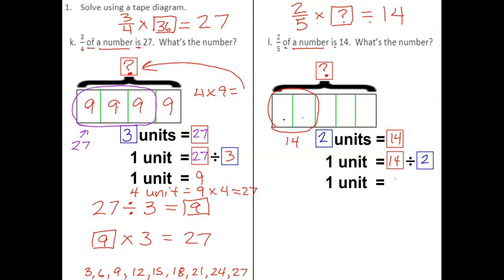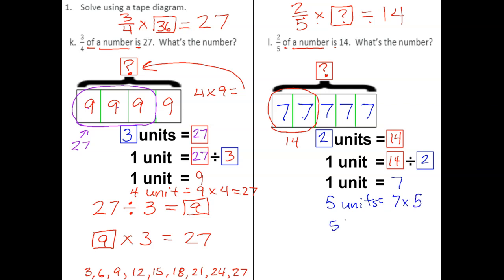So 1 unit is 14 divided by 2. Hopefully you said 1 unit is 7. So that means that each unit, unit fractions, each unit is 7. So how much is my total? Hopefully you said 7 times 1, 2, 3, 4, 5. So that means that 5 units is equal to 7 times 5.